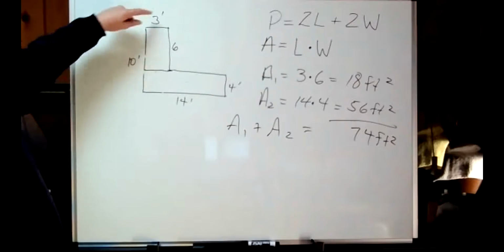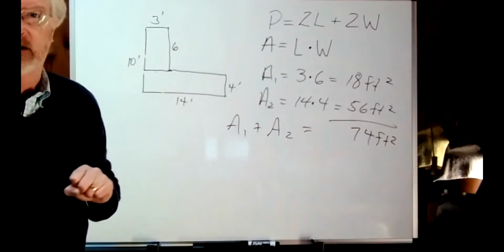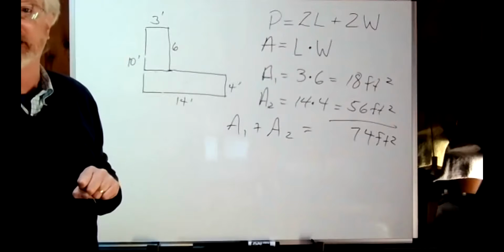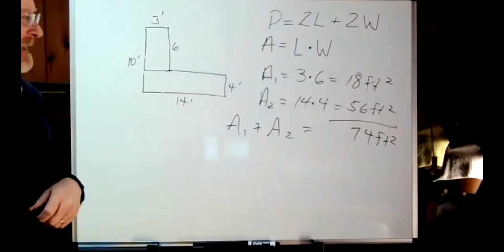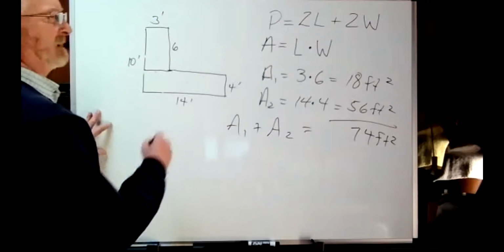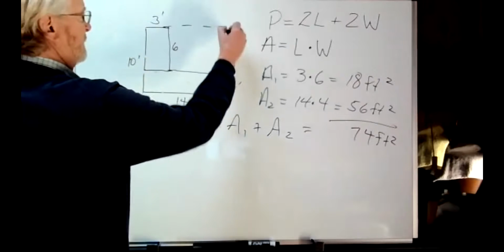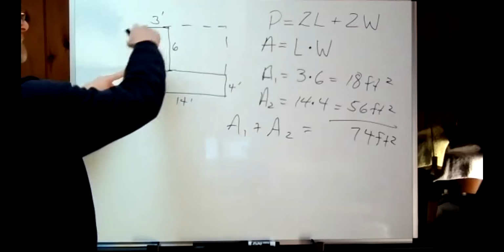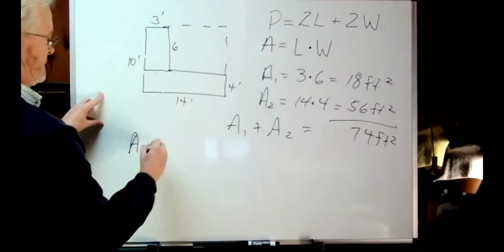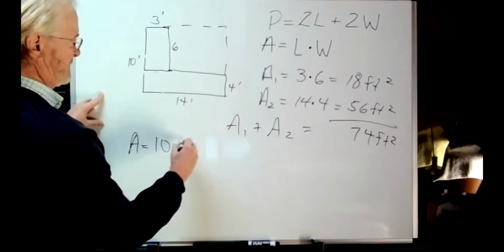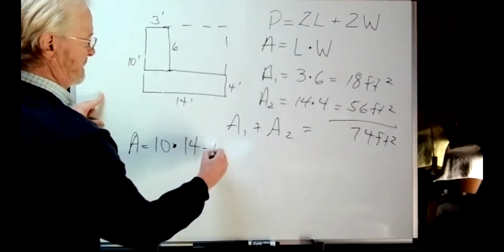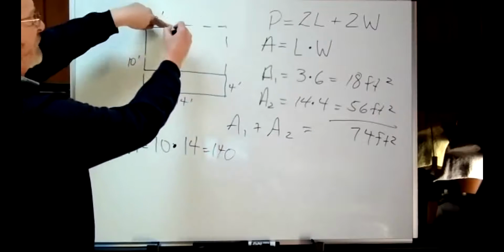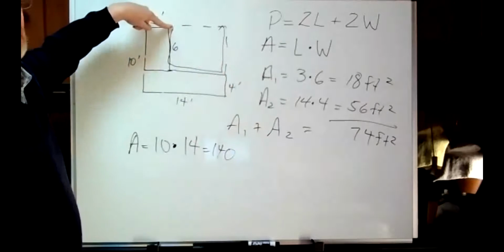So I still needed a length and a width for each of those that I cut it into. The other way to do it would be to think, what if it was a full rectangle like that? I could do 10 times 14, and then I'd have to subtract whatever that was.